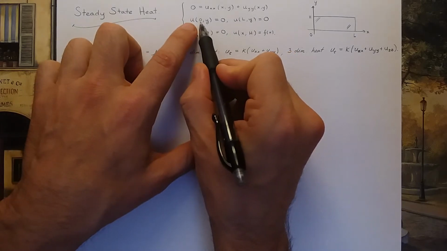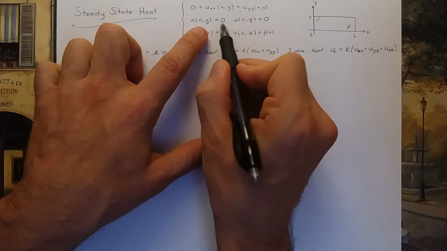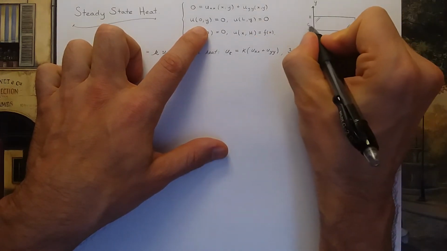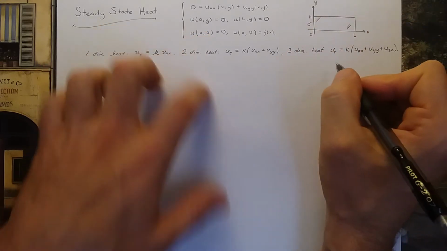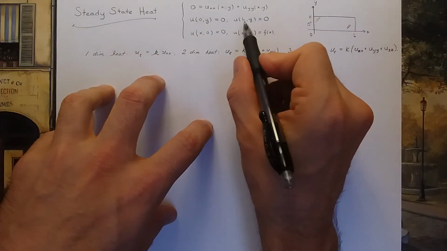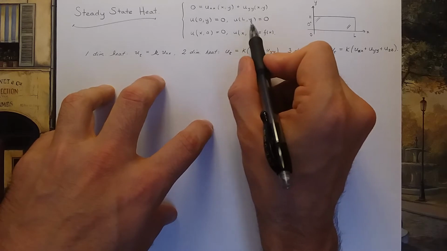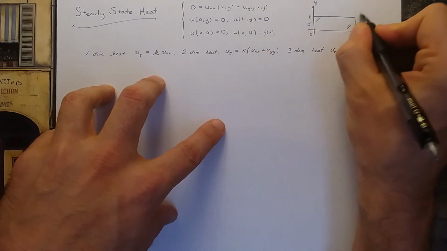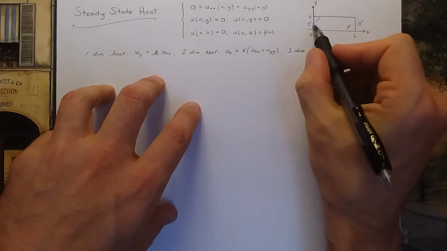If I take x equals 0 and y to be anything, then I'm holding the temperature constant at 0, meaning that this side of the plate is 0. If I look at the right side of the plate, if x is equal to L, it doesn't matter the y variable, I always get a temperature of 0. So I'm holding the two vertical sides constant at 0.